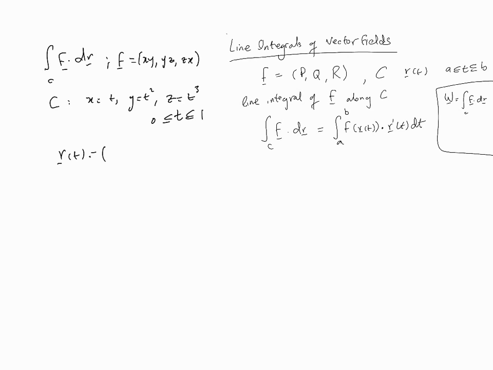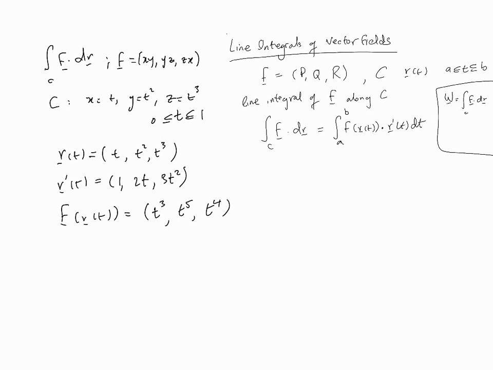Clearly, our r(t) is simply t, t squared, t cubed, and then we'll calculate r'(t). r'(t) turns out to be 1, 2t, 3t squared, very easy. And of course, F of r(t) means that you parameterize. So x is t, y is t squared, so xy becomes t cubed, and yz, with y as t squared and z as t cubed, becomes t to the 5, and zx, with z as t cubed and x as t, becomes t to the 4. So that's what we have.